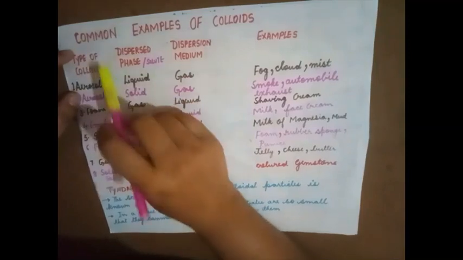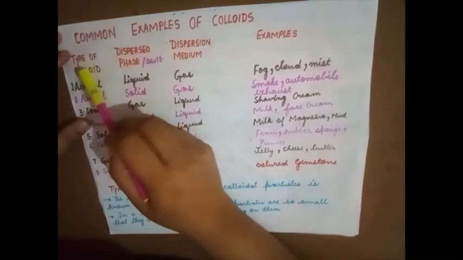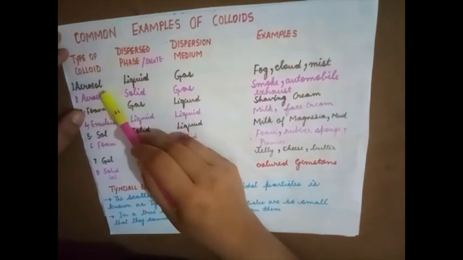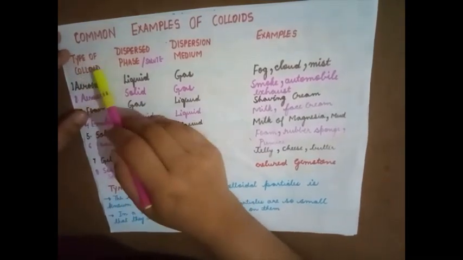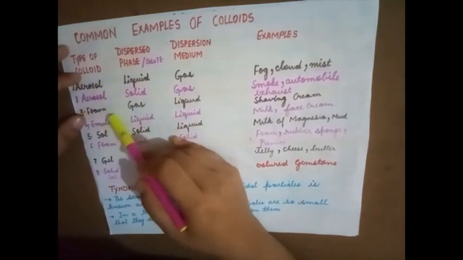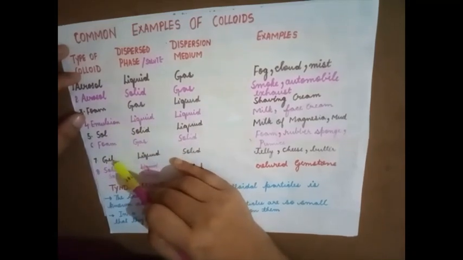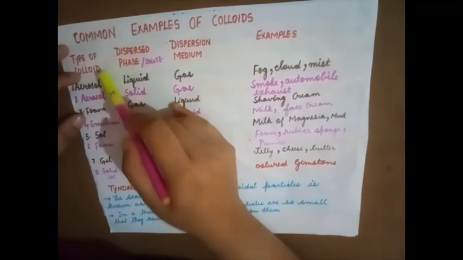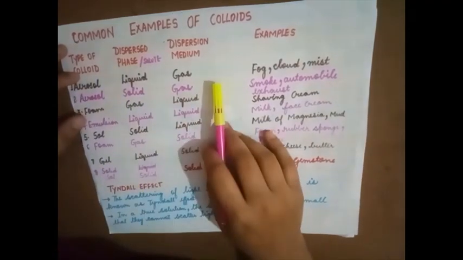Next we will study some common examples of colloid. Under colloid we have different types or categories. What are those? Aerosol, foam, emulsion, sol, foam, gel, solid sol. These are the various categories or types of colloid.